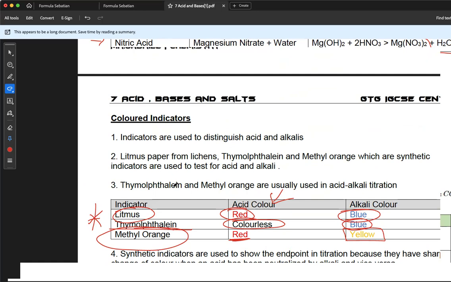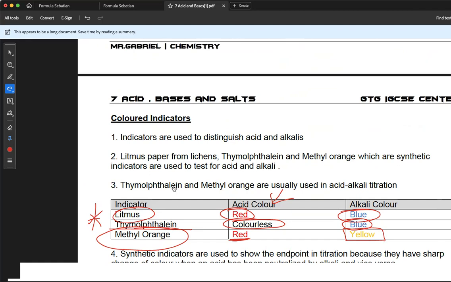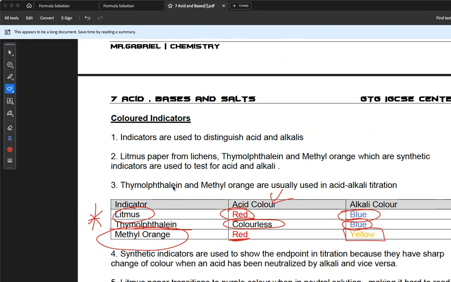The organic acid, I forgot the name. There's literally a whole chapter in this. I was talking about it the other day, which I can't remember right now. Cannot remember the name. That's the problem.